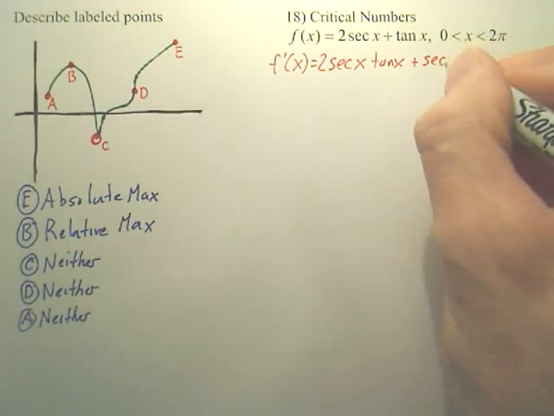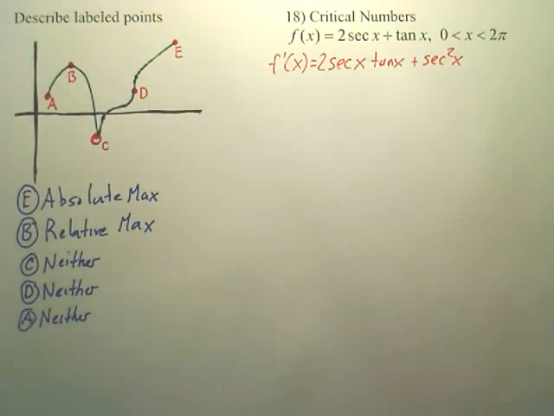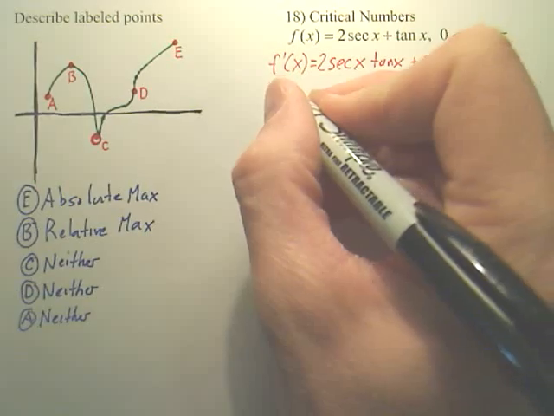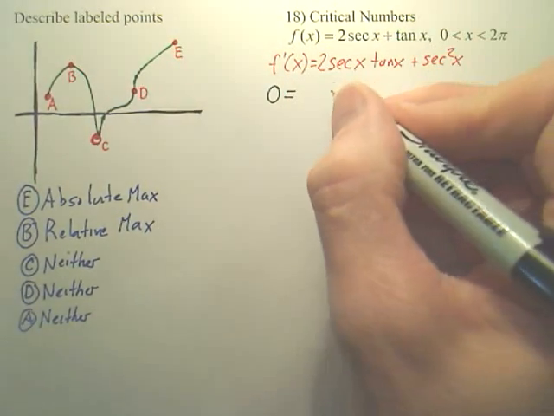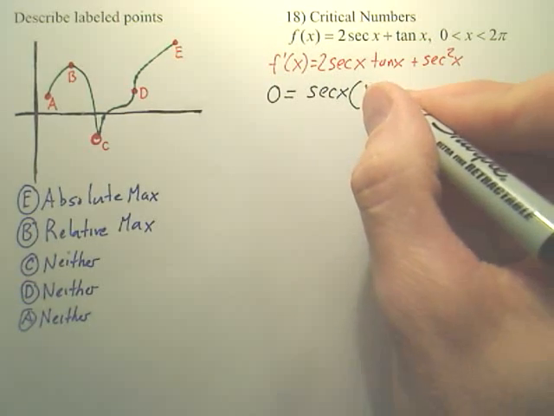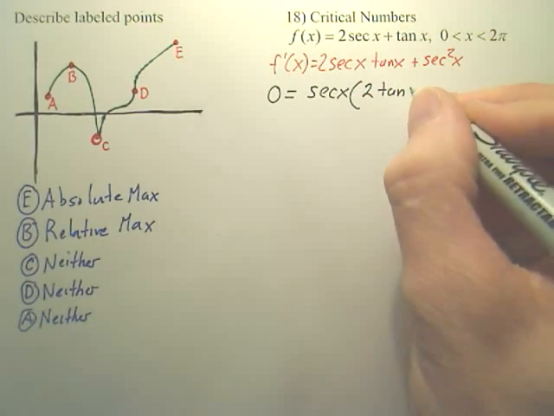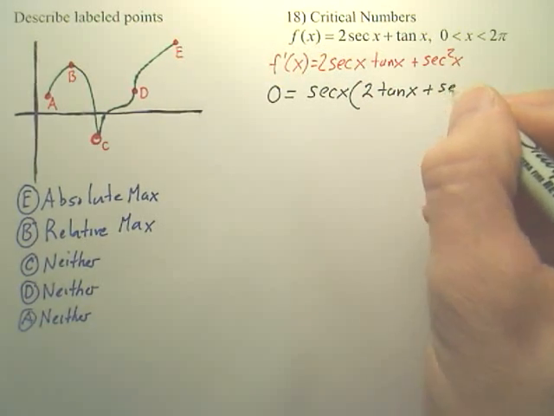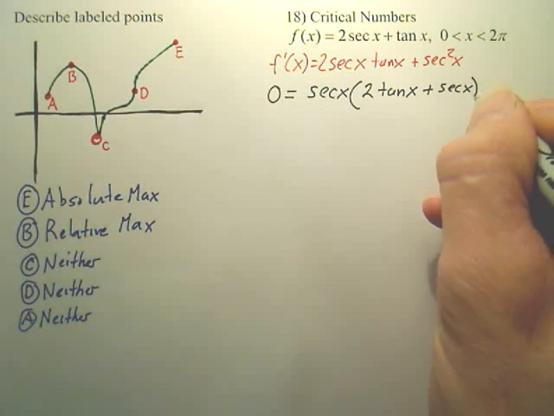Well, that's secant squared x. There's our derivative. What we now do is set our derivative equal to 0. So when I set it equal to 0, I'm going to pull out a secant, leaving you with 2 tangent x plus secant x.